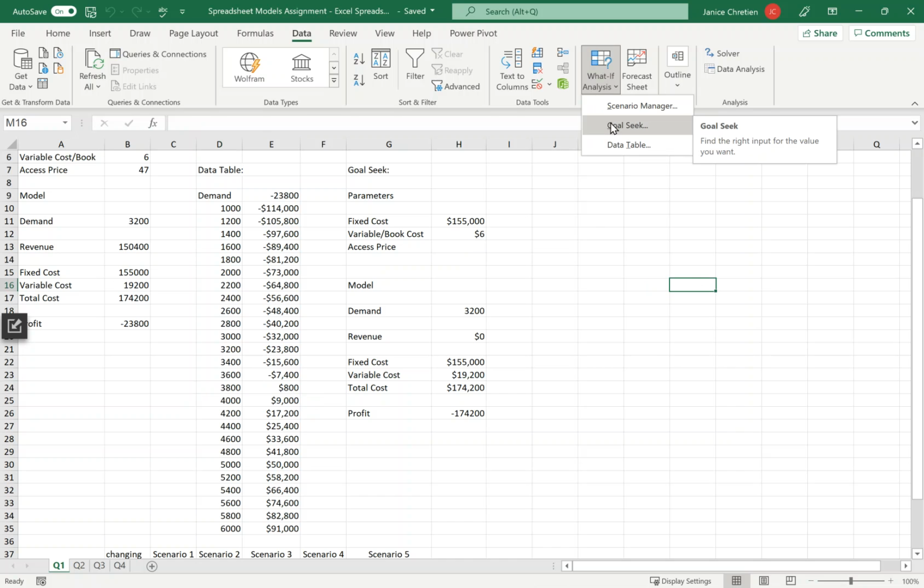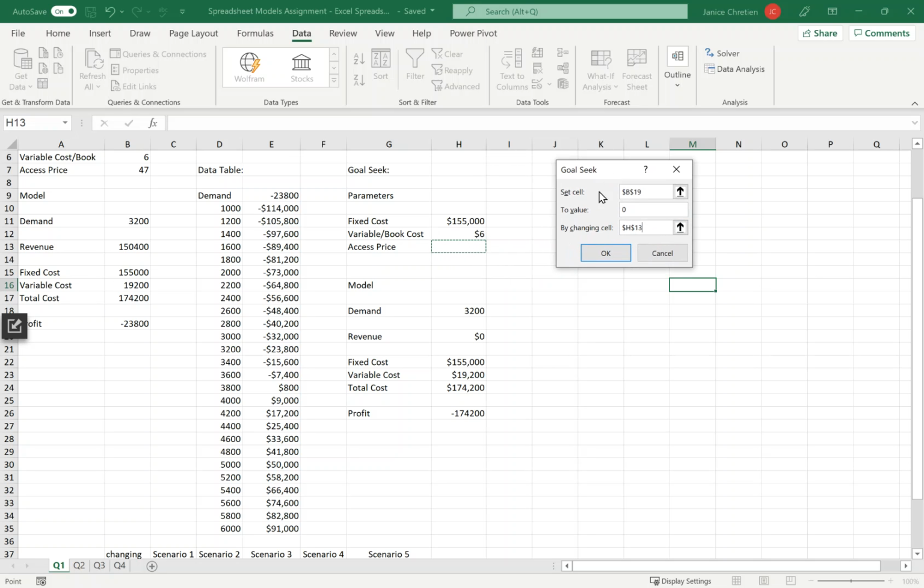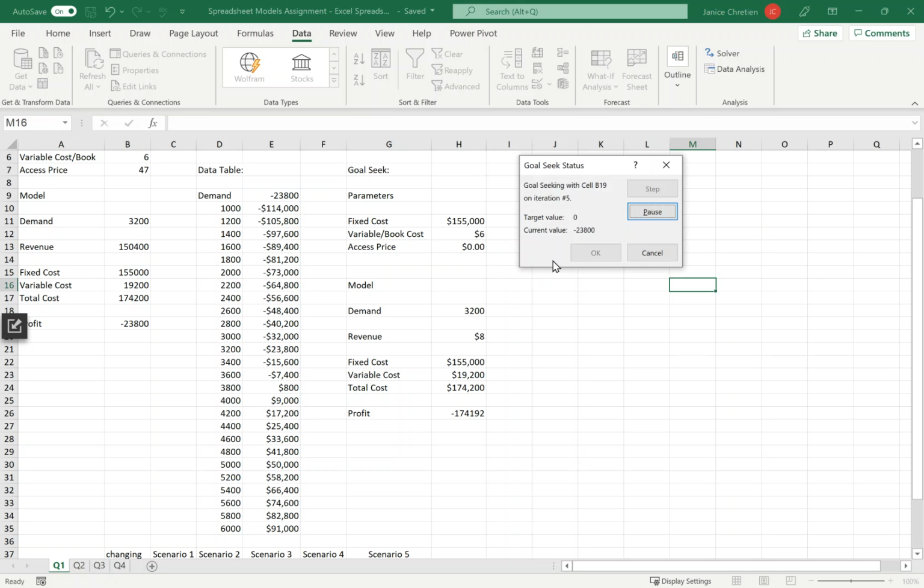It told us to use goal seek. My set cell is going to be profit to value 0. When my profit gets to 0, I'm breaking even, by changing cell variable price. So when I tell it okay, it's going to run through some iterations.